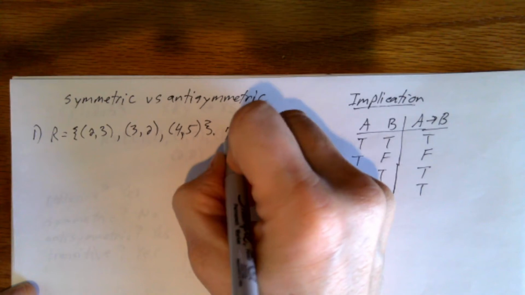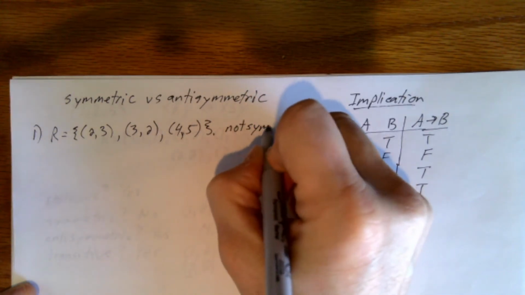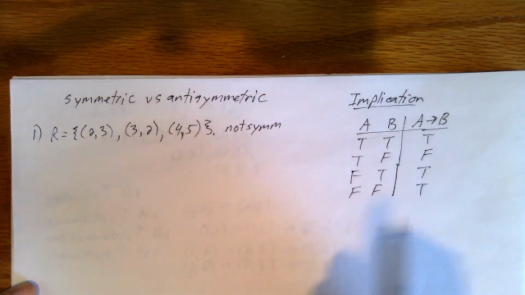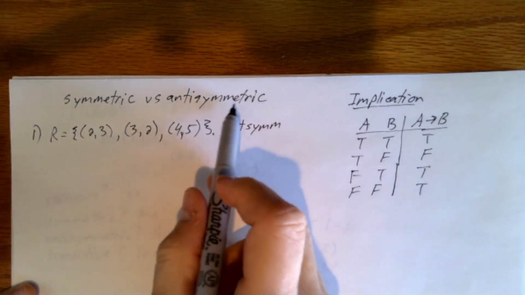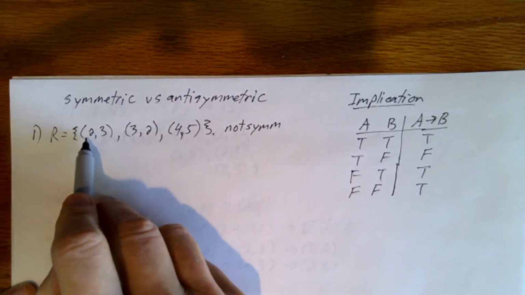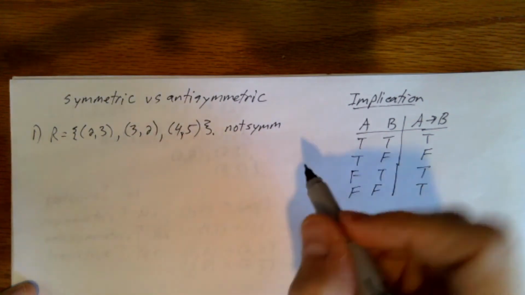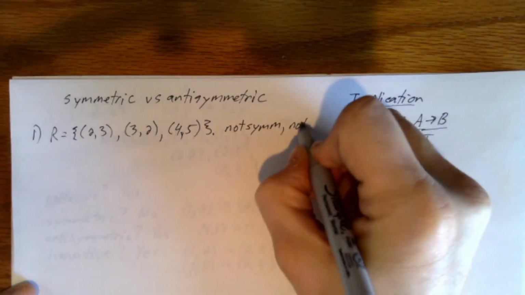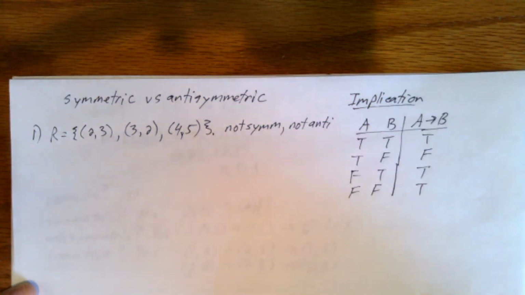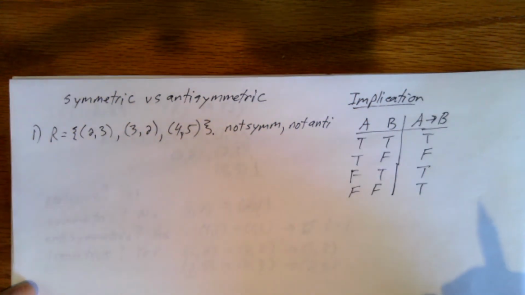So this is not symmetric. What about anti-symmetric? Well, the fact that we have 2, 3, and 3, 2, but 2 does not equal 3, says that this is also not anti-symmetric. So this is neither. Right?